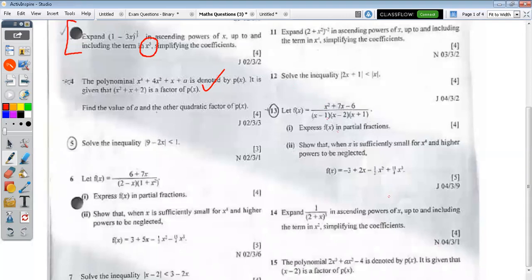Polynomials, and find the other quadratic. So we are not done. We now know that a is equal to 6, and we also know that this goes into that. So we now need to find the other quadratic.